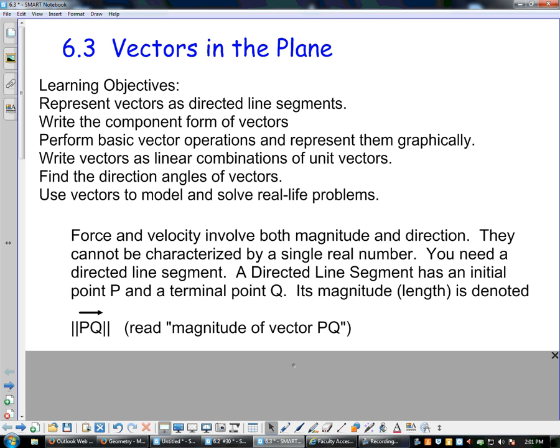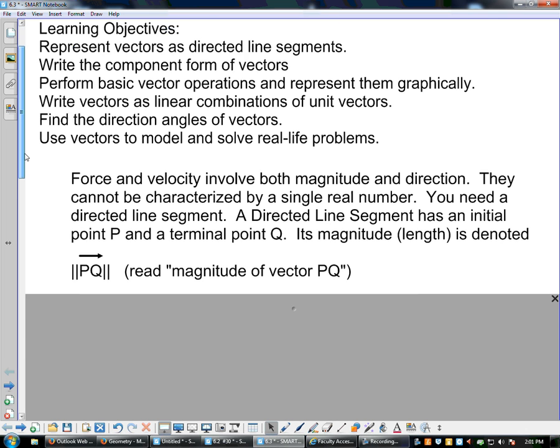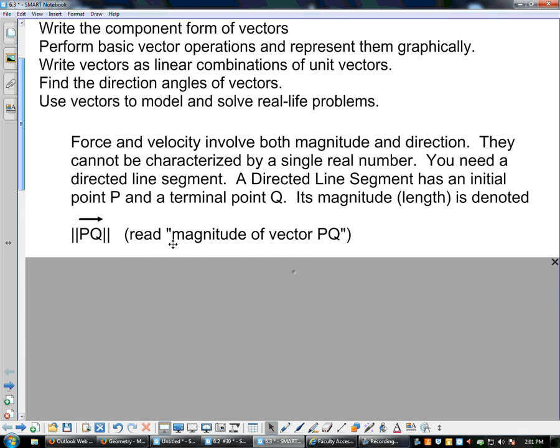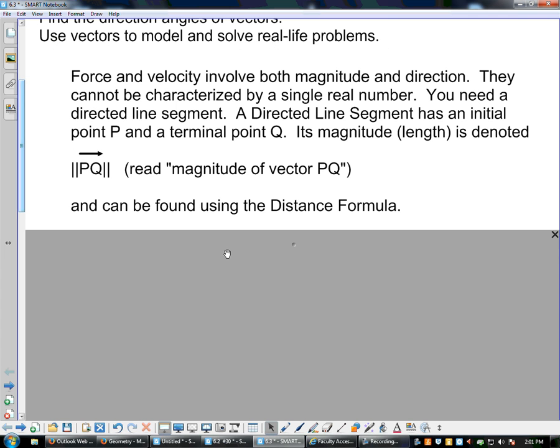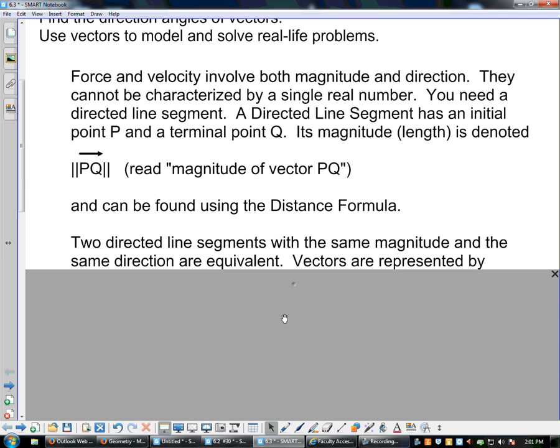If we put double bars around the vector, we're talking about the magnitude of the vector, which means its length.